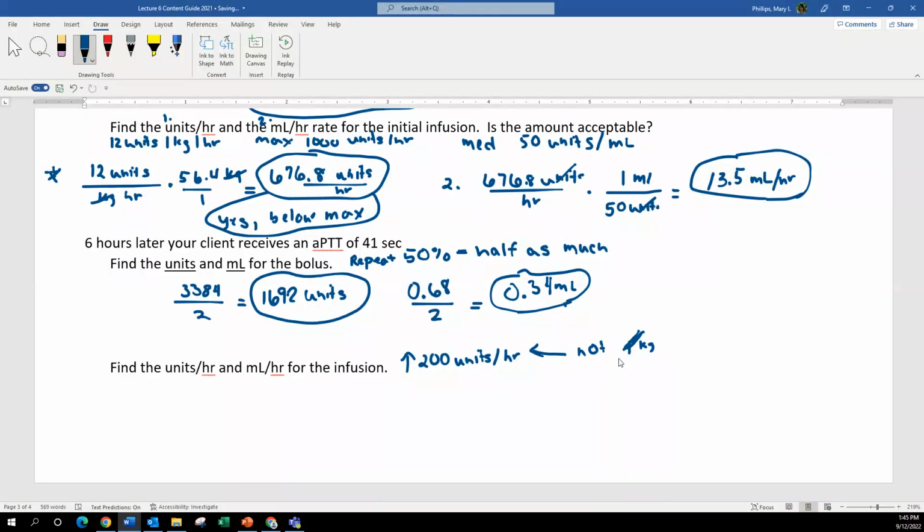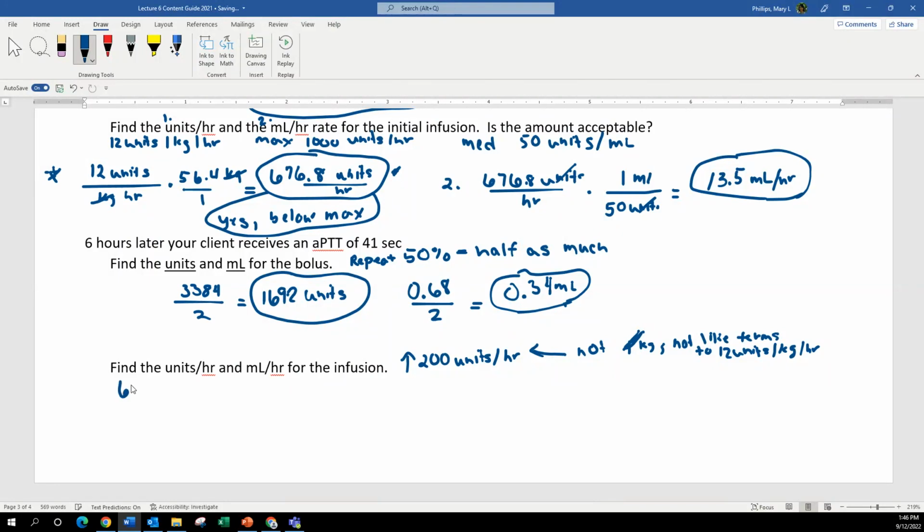So since it's not per kilogram, it is not going to be like terms to the 12 units per kilogram. So where can I add? Well, the label here is units per hour, and this first answer that I got was in units per hour. So those are like terms.